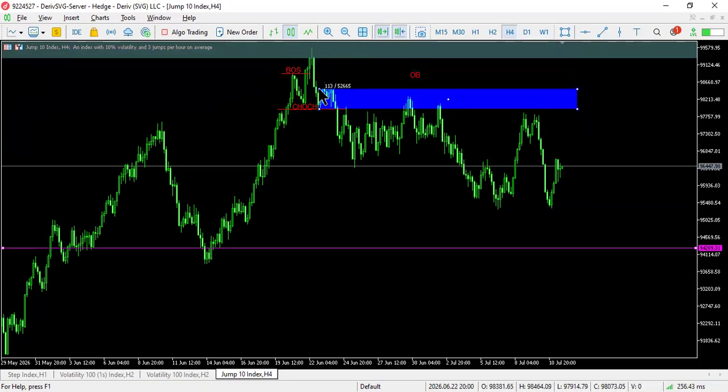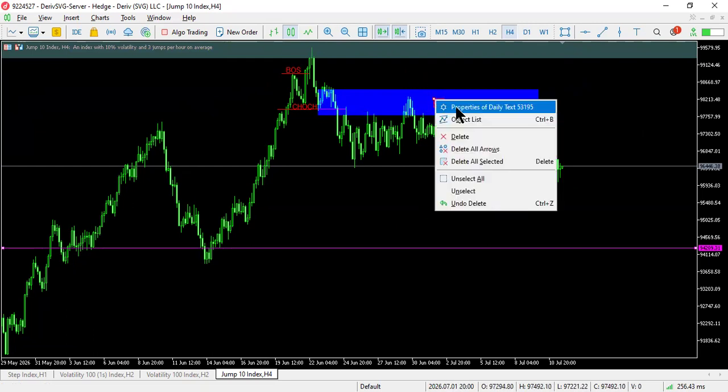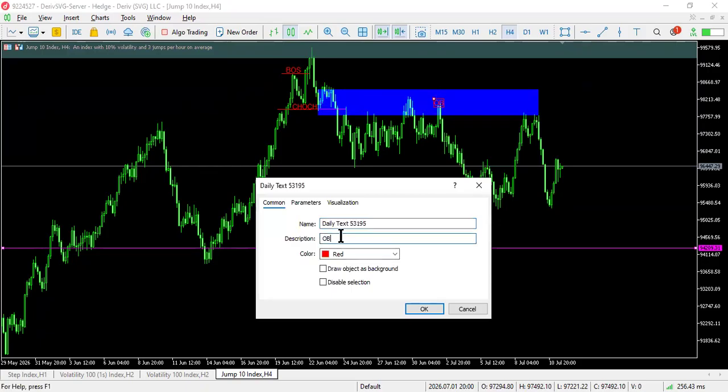And price reacted off the FVG in the 4 hours time frame, the 4-hour FVG.